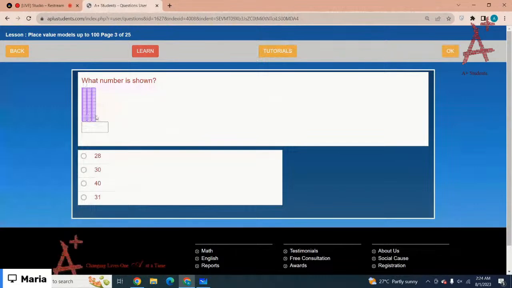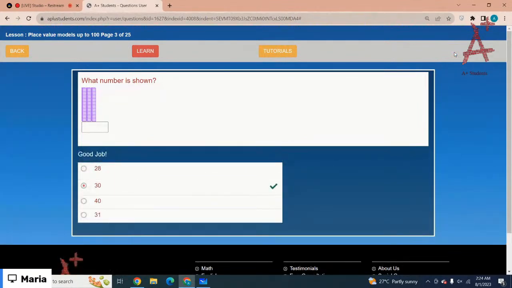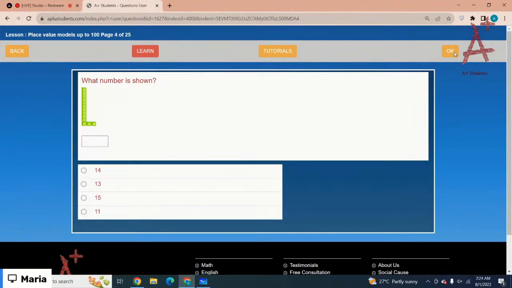You are not given any squares that represent 1. That means the digit at the ones position must be 0, because you are given tens only. So it is 30. Together they make 30, right?